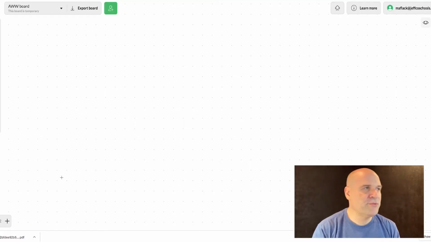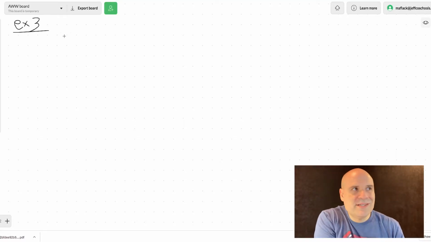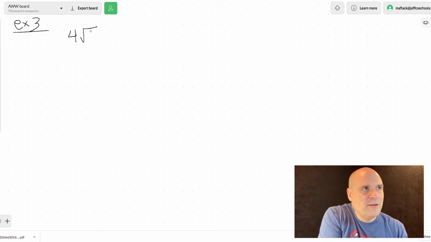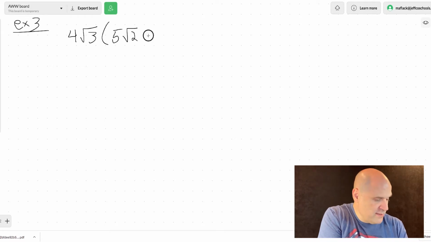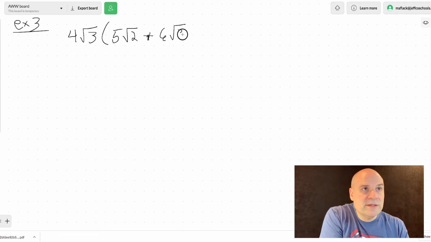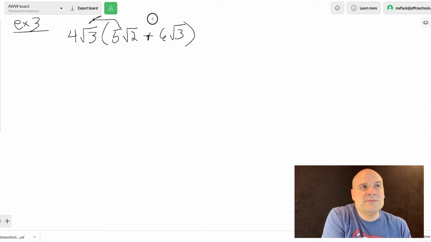All right, example 3. So this is just a distributive problem. No problem. Remember, a distributive problem is kind of like a 2-for-1 problem. Instead of just multiplying 2 things together, you're multiplying a couple of things together. We're going to multiply the 4 radical 3 times 5 radical 2, and then we're going to multiply 4 radical 3 times 6 radical 3.